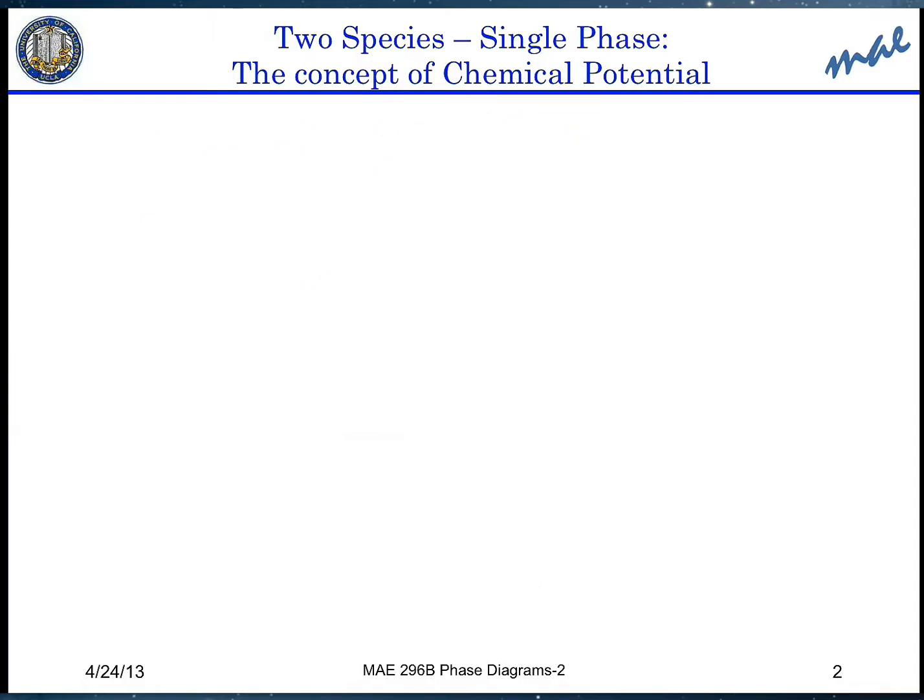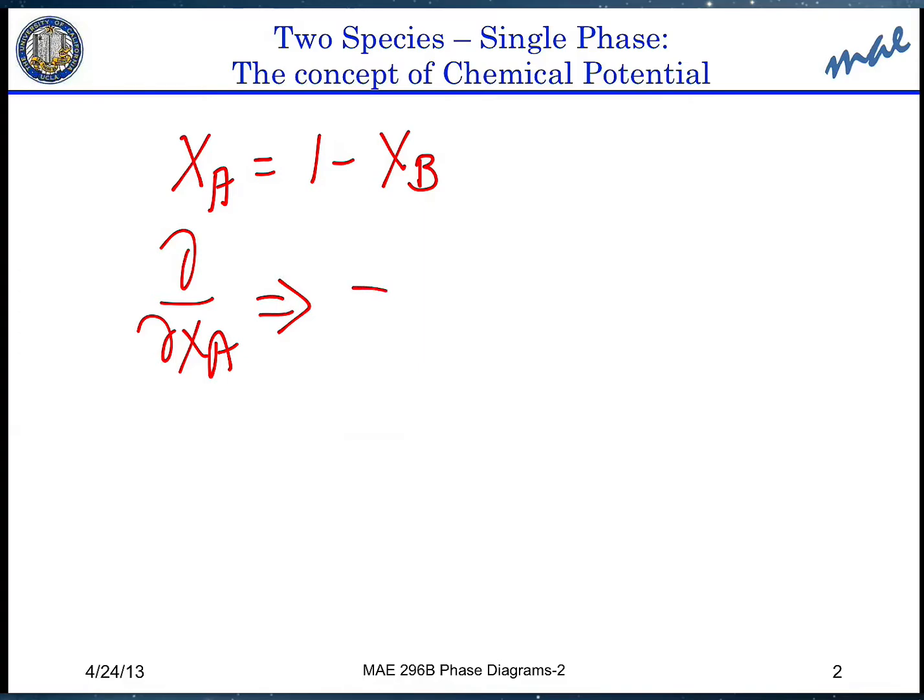If we do that, then we're going to use the fact that X sub A is equal to 1 minus X sub B, and d by dx sub A, we change it to minus d by dx sub B. This way the previous two equations can now be redone, and we will get the following form.